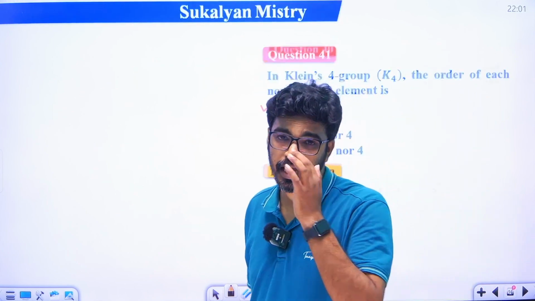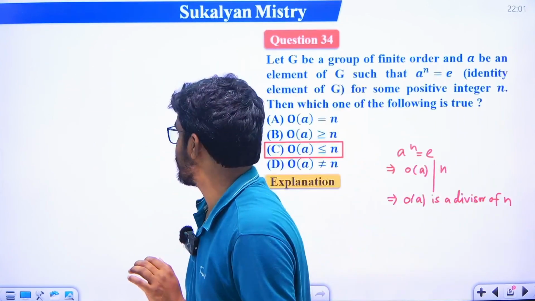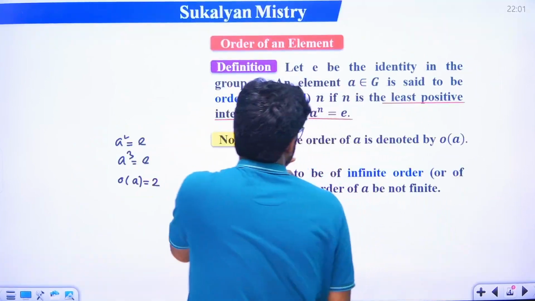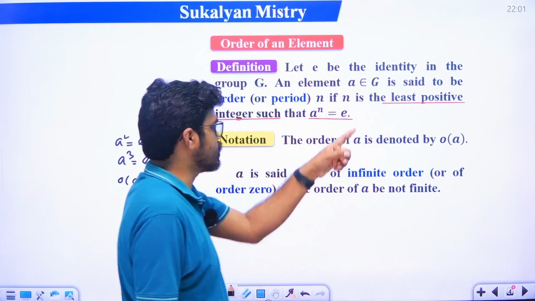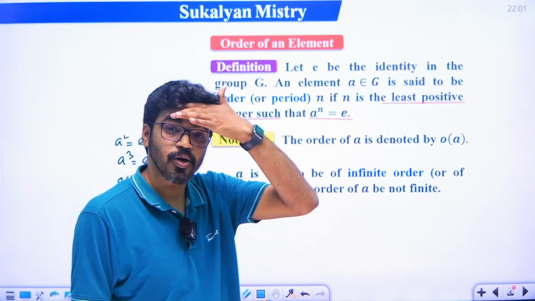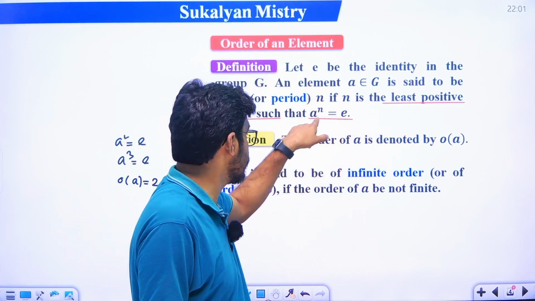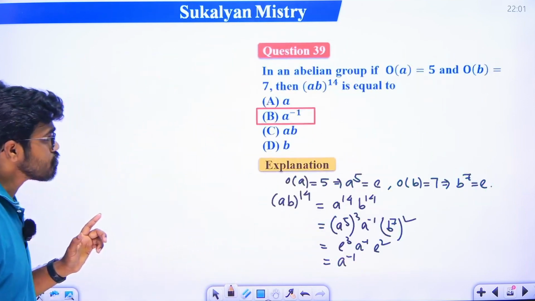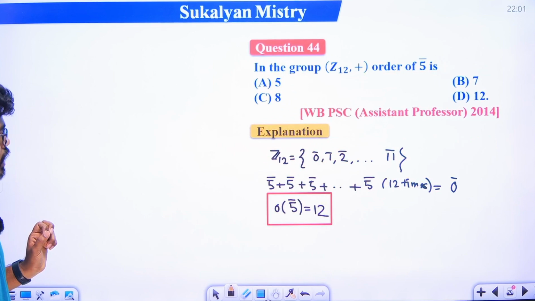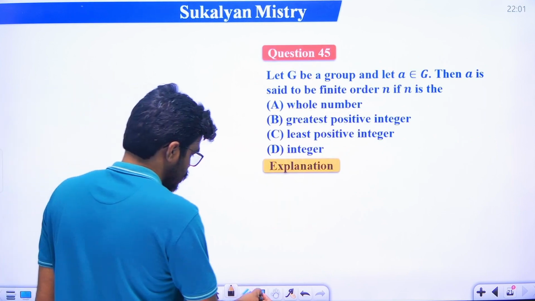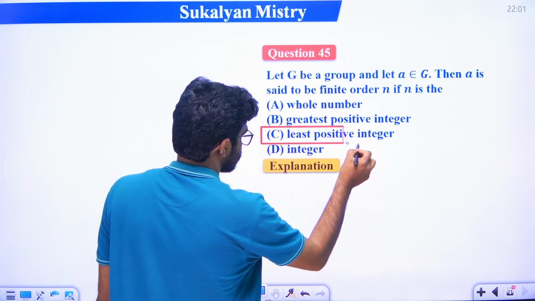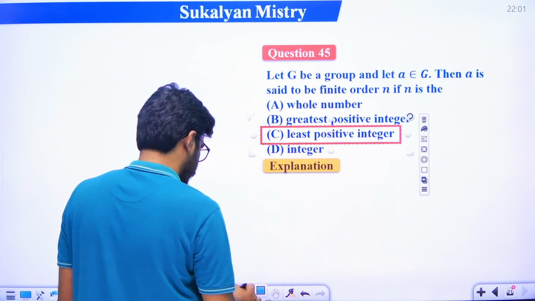An element A is said to be of order n if n is the least positive integer such that A to the power n will be E. Here n is the least positive integer, not the greatest positive integer. So option C is the correct answer. n is the least positive integer.